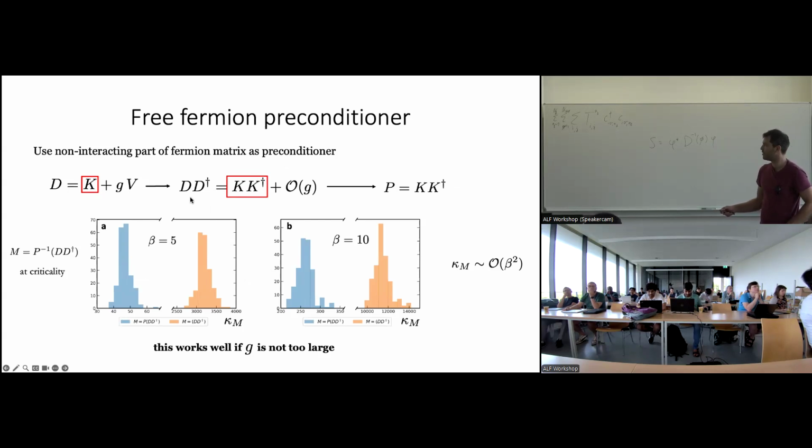Then DD dagger is like K dagger plus stuff that's order of G. And then we can say, why don't we just use this first part as an approximation for DD dagger? That's the idea and spirit. And then we'll just set the preconditioner to be this.